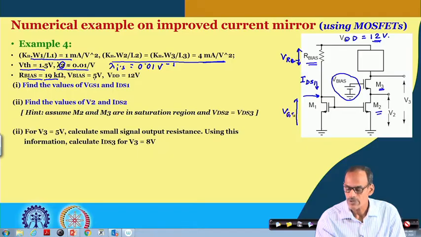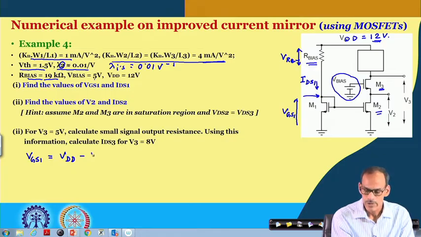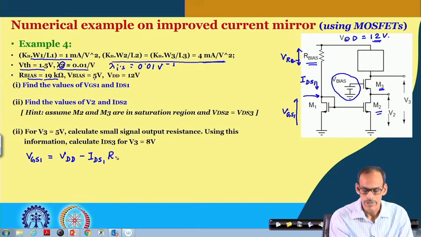So, VGS1 equals VDD minus the IDS current multiplied by R bias.